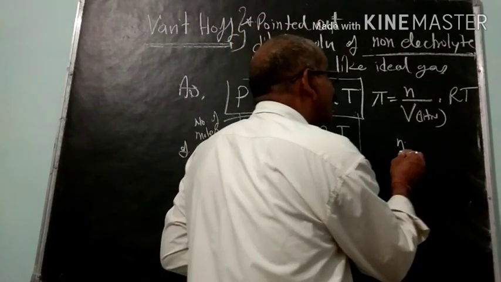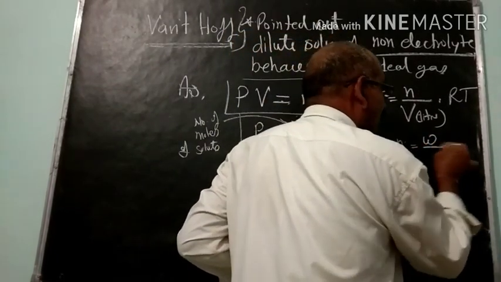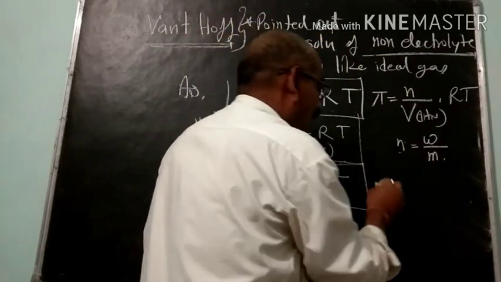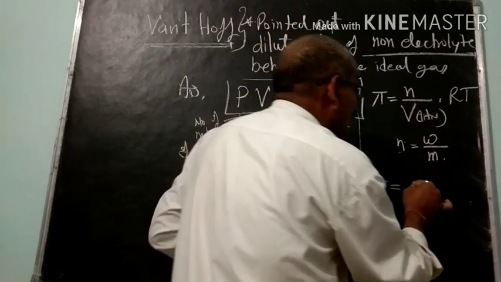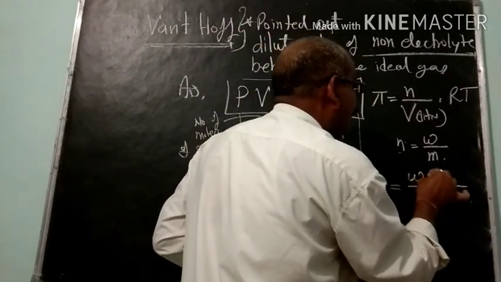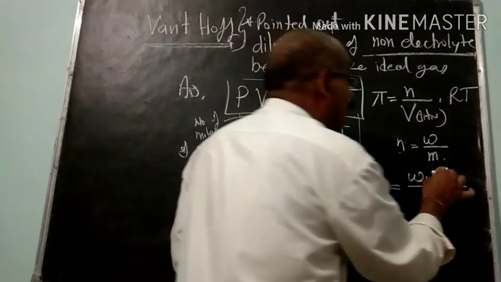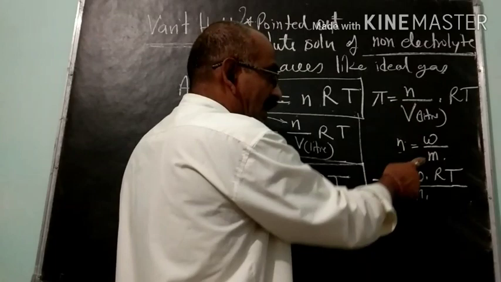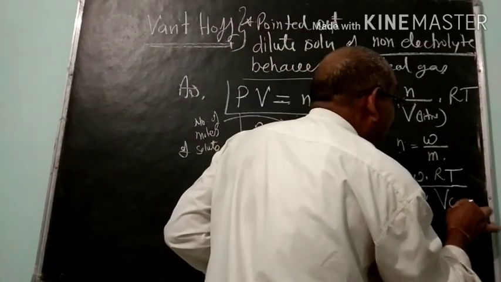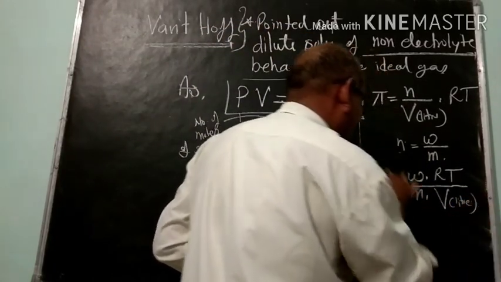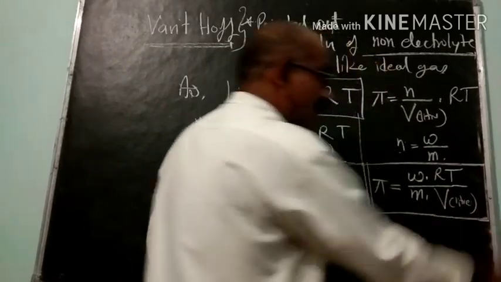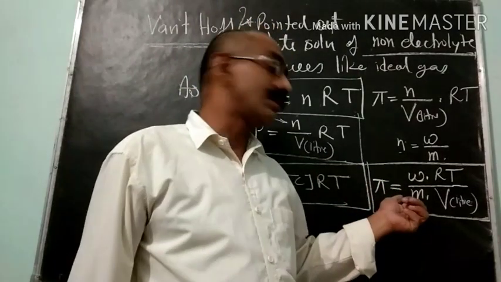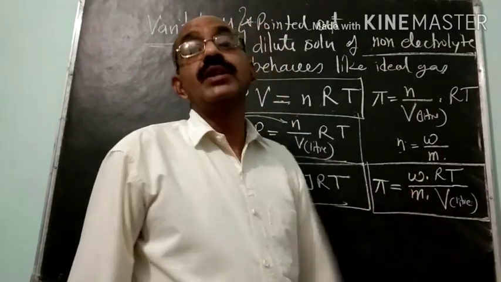So we can replace N by W over M. The expression becomes pi = W RT over M V, where W is the mass of solute, M is the molecular mass of solute, and V is the volume of solution in liters.